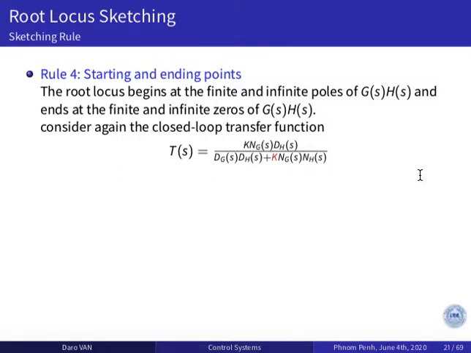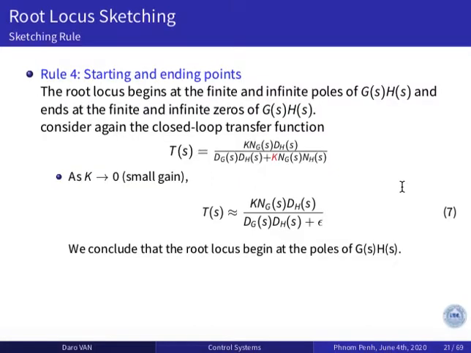And rule number 4 is about starting and ending points. It is stated that the root locus begins at the finite and infinite poles of G(s)H(s) and ends at the finite and infinite zeros of G(s)H(s). Now consider the closed loop transfer function given by this function.